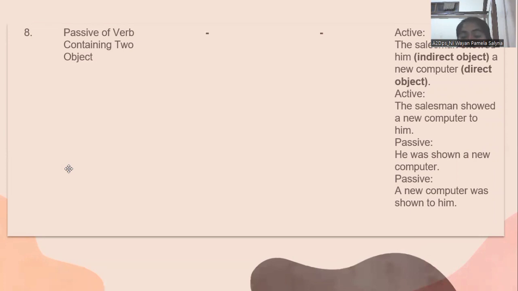And for the passive sentence: he was shown a new computer. And: a new computer was shown to him.